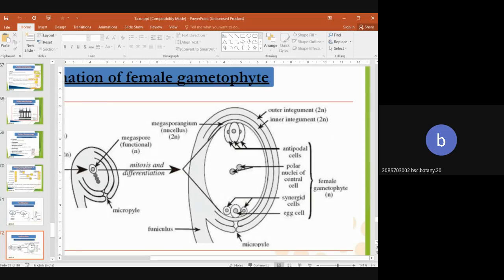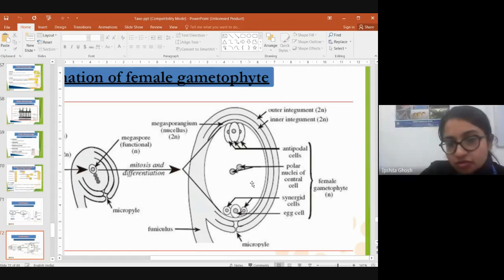Three, three antipodal cells. One egg cell. Yes, one egg cell, and two synergid cells, right? Two polar nuclei. So you can see there are polar nuclei of the central cell, right?